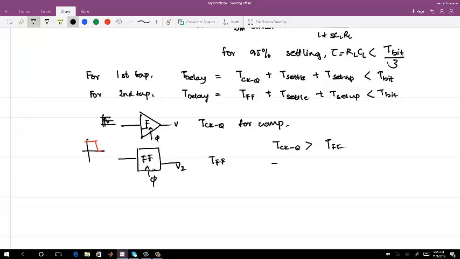So this actually makes closing the first loop most critical. And all the innovations in the DFE design are more or less aimed at this: how to close the first loop as fast as possible, or anything that can be done with the first loop.